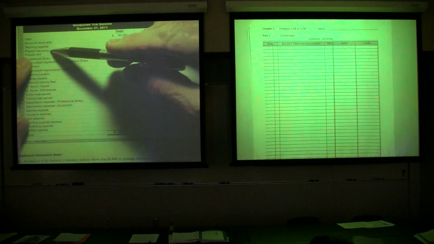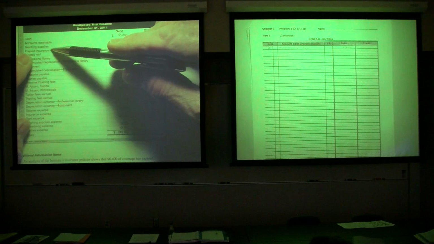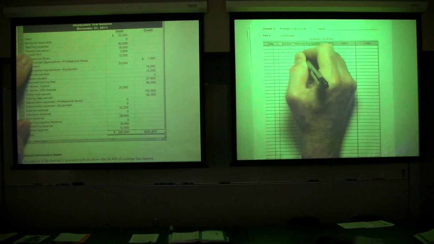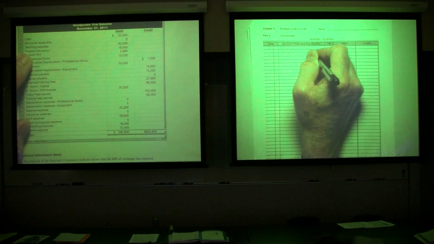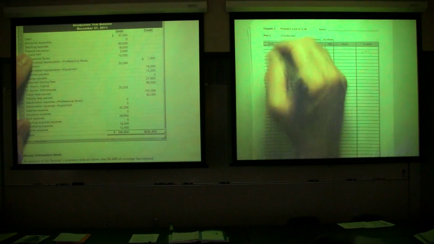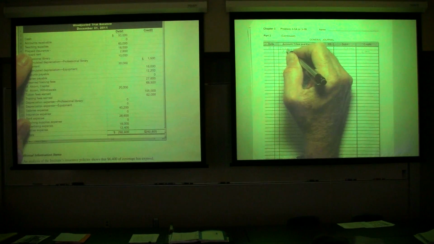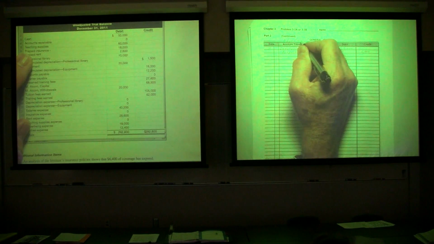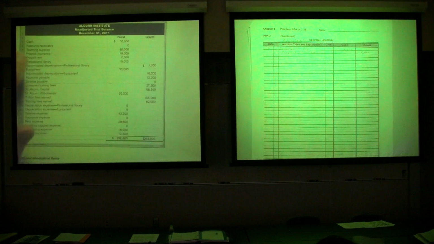And prepaid insurance is the asset account name, and it'll be credited for 6,400. Now on adjustments, often above the first entry you just have the word adjustments, and that's usually the only explanation that's needed.